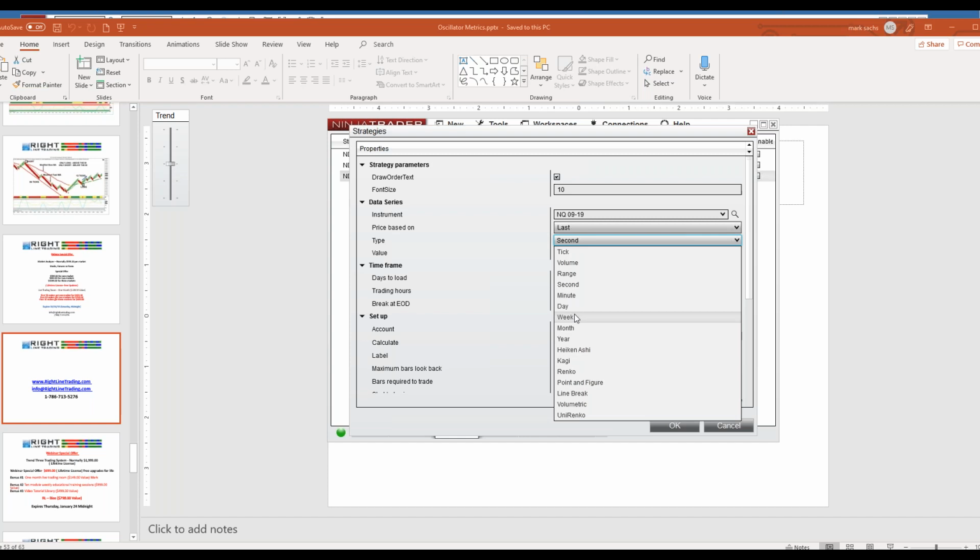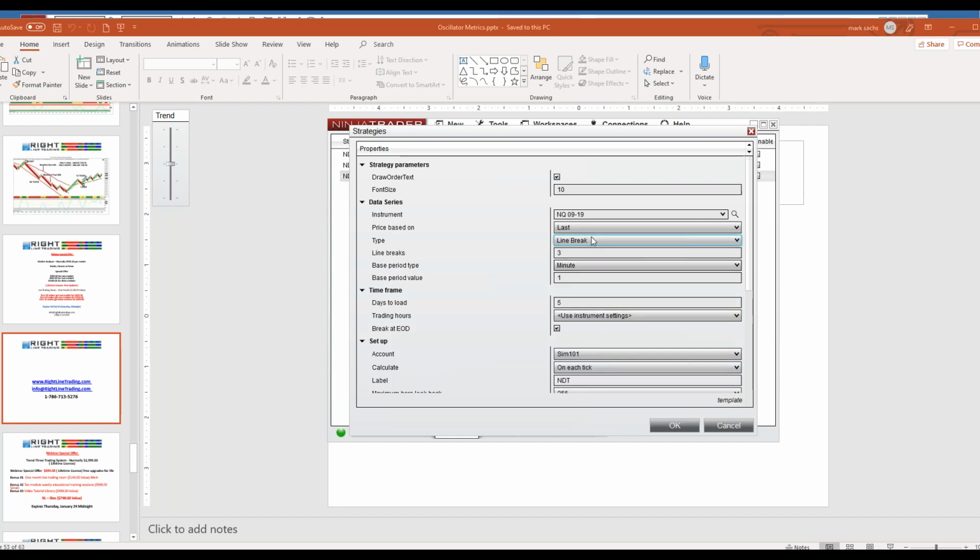Volume, range, seconds, minute, days, weeks, months, Heikin-Ashi, Kagi, Renko, point and figure. If it's here, you can dial it in. You can dial in a line break, set up the criteria, and you're good to go.